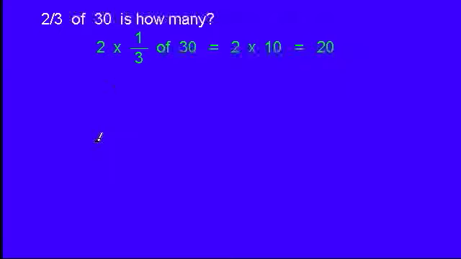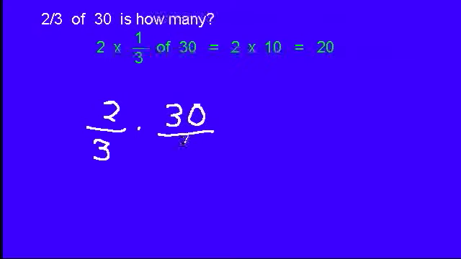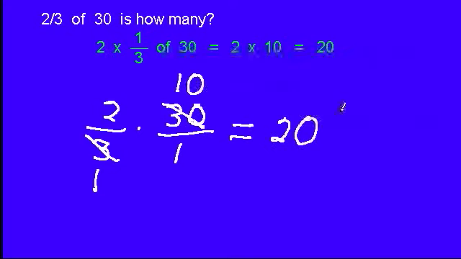Or in our fraction multiplication format, 2/3 of means times. 2/3 times 30, you put a whole number over 1. So dividing top and bottom by 3, 1/3 of 30 is 10. So 2/3 of 30 is going to be 20.